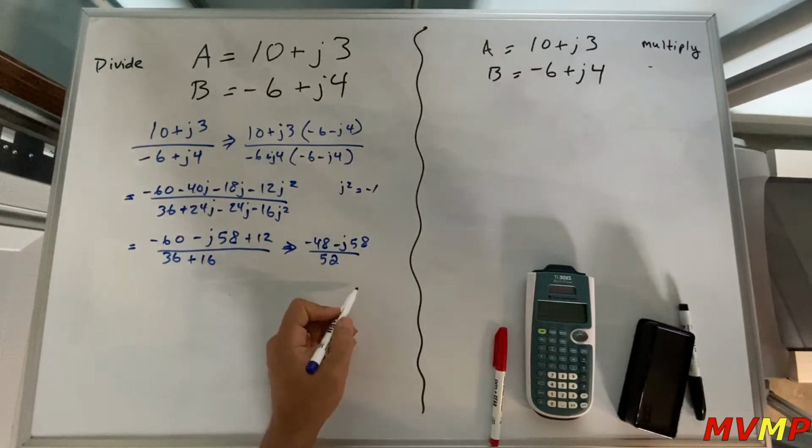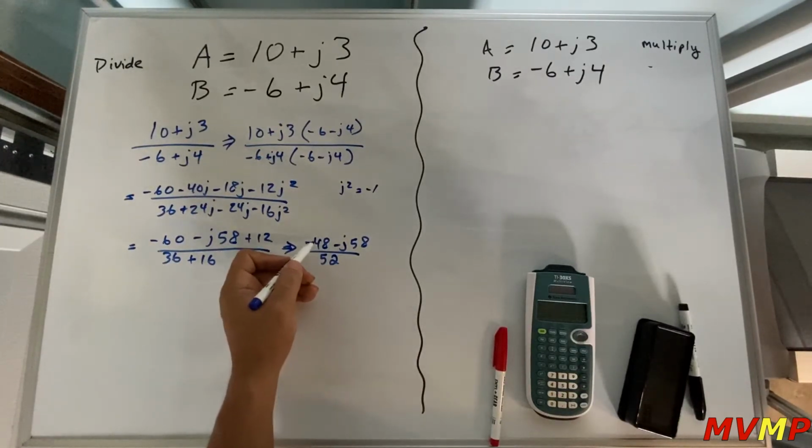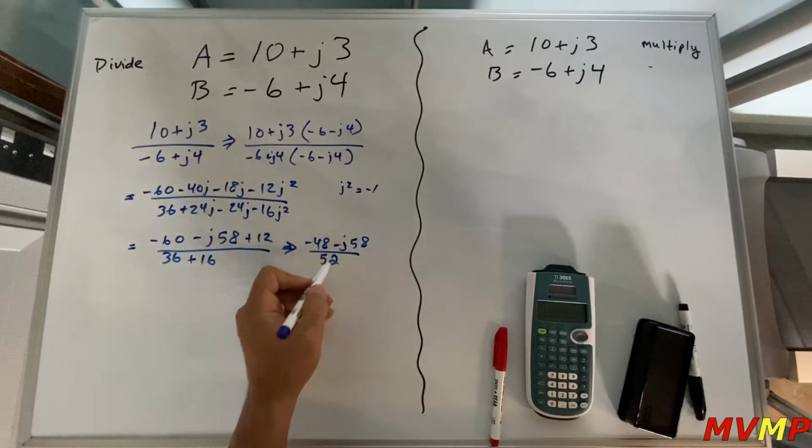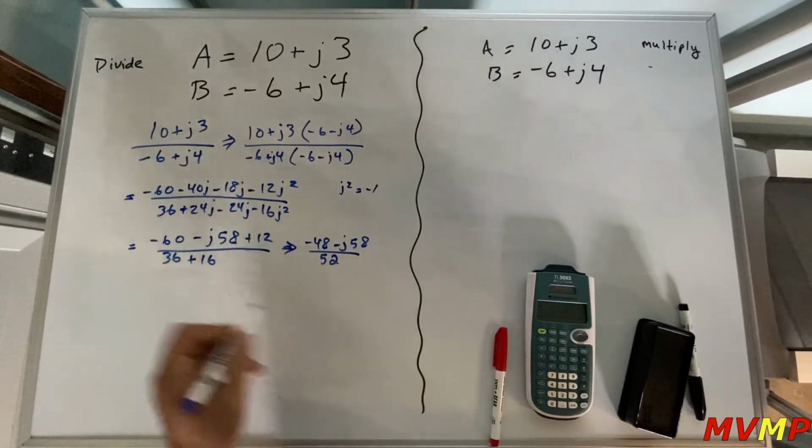Now this part's easy, you can just do it in the calculator. You divide this by this and you divide this by this, ignoring the j.